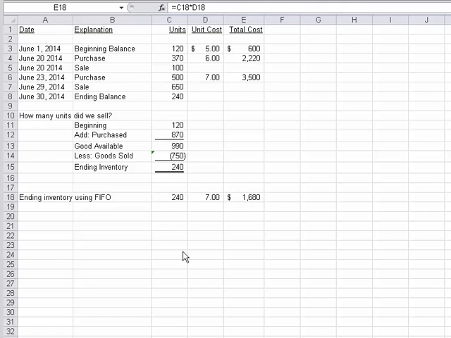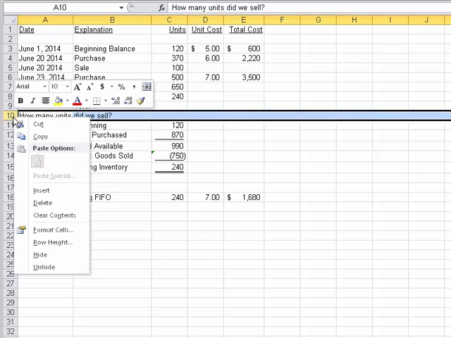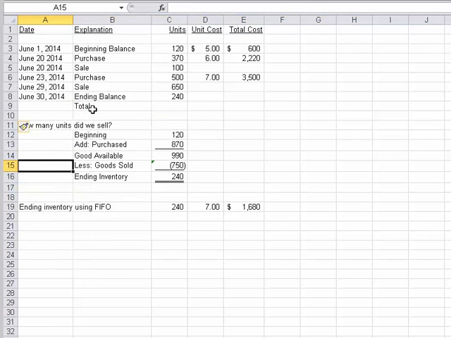Alright, now if we wanted to know the value of the goods available, well, it's the sum of the beginning inventory and the purchases. And really all we need to do is put a total here. Here I'll just put the word total. And I'm going to insert a line so we recognize we've got a couple different schedules going on here.